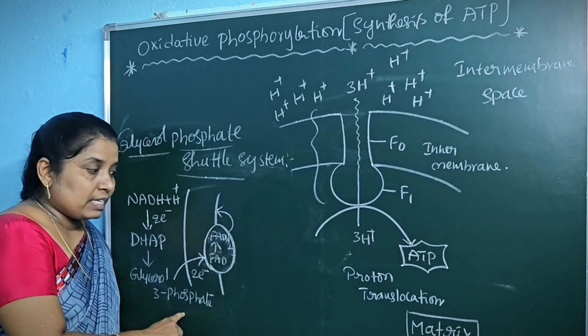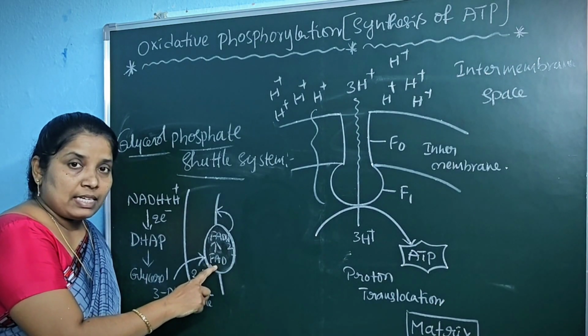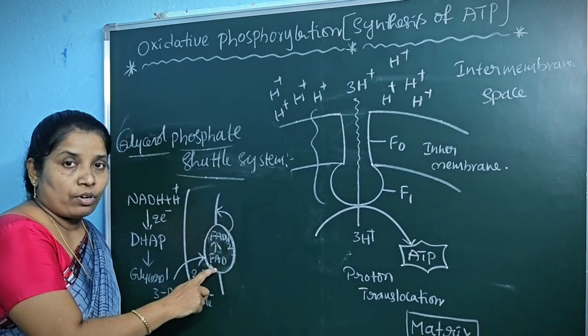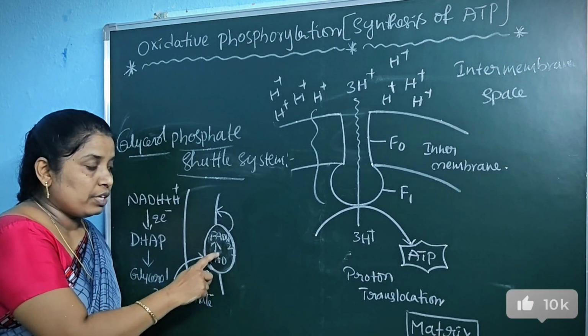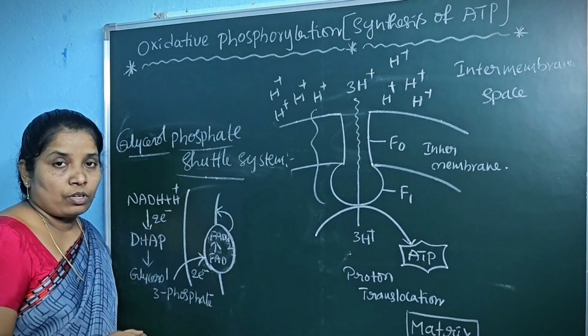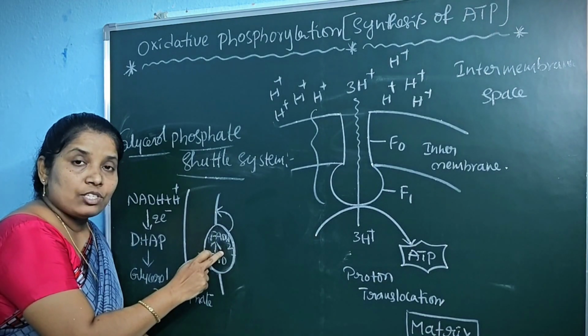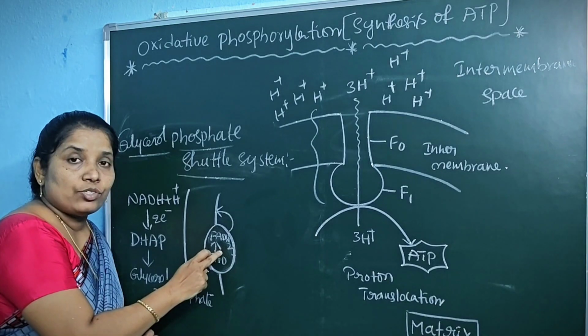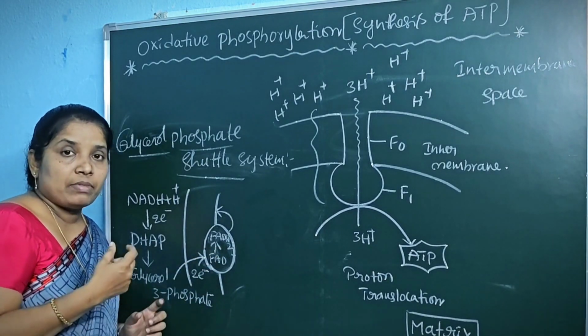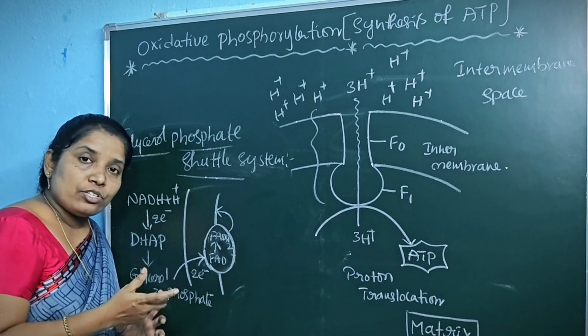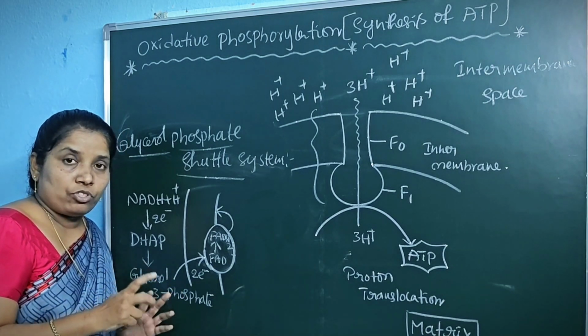It donates electrons to the FAD present in the inner membrane of mitochondria. So FAD converts into FADH2. This FADH2 releases 2 electrons. They are directly added to coenzyme Q or ubiquinone. From there they directly enter into the electron transport chain.